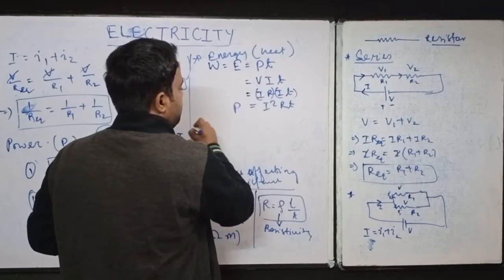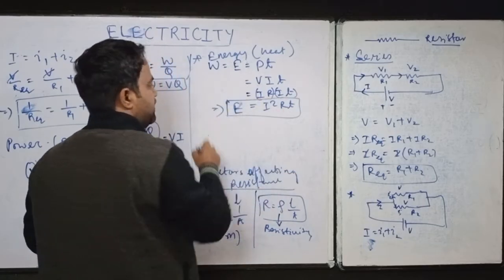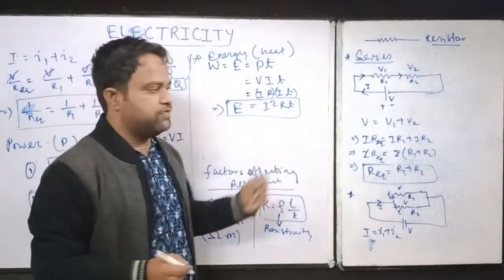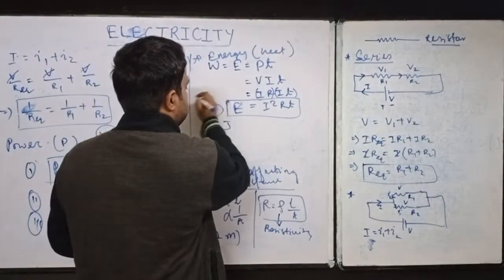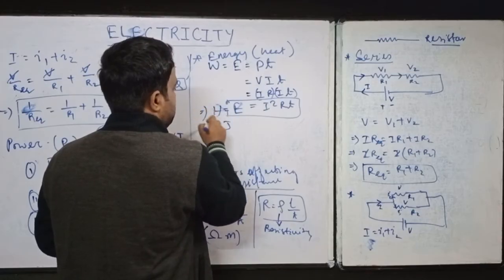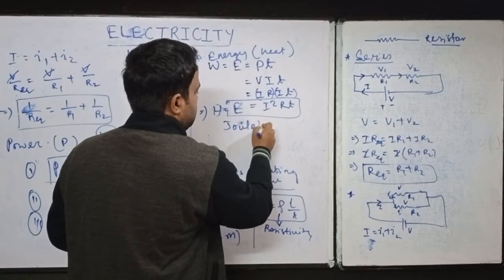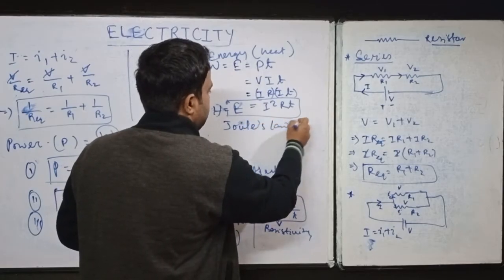So your energy E is I square RT. So this is called Joule's law of heating. This is called heat energy also, E, or heat energy, right? So this is called Joule's law of heating.